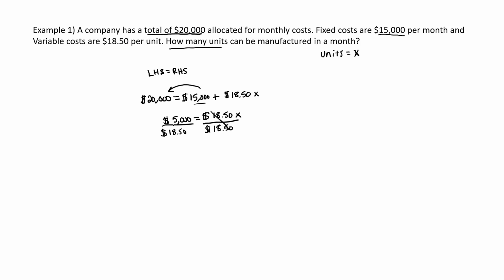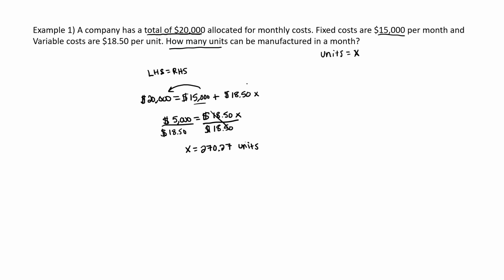And when you get this, you get 5,000 divided by 18.5. Again, I'm using a calculator to make sure that I'm getting the correct answer. And from here, you'll find that x equals 270.27 units.